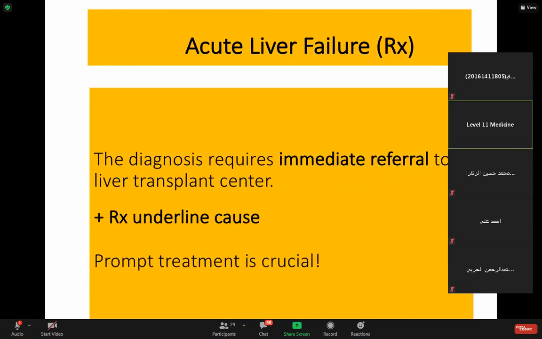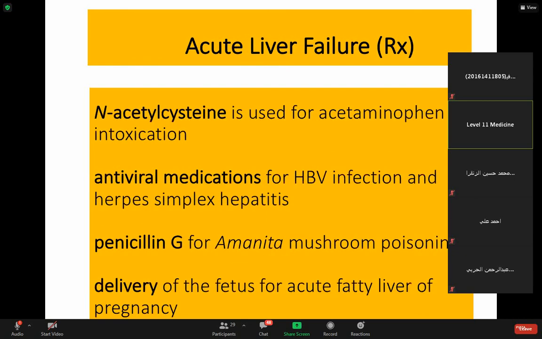So how to treat acute liver failure? Well, the diagnosis requires immediate referral to a liver transplant center, plus treating the underlying cause. Prompt treatment is crucial. For example, if you have someone with acetaminophen intoxication, we'll give them N-acetylcysteine, what we call NAC.